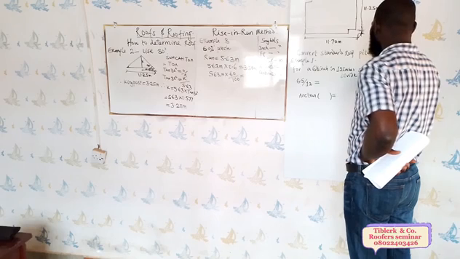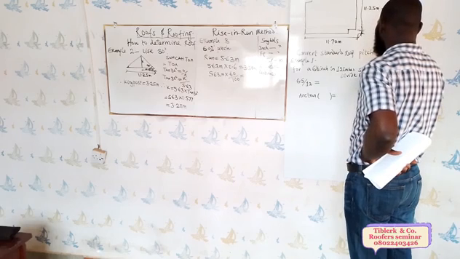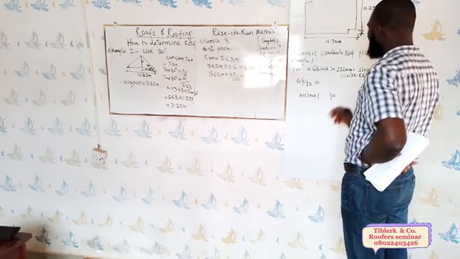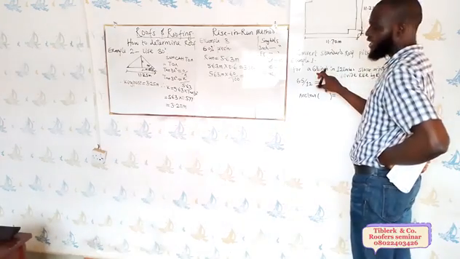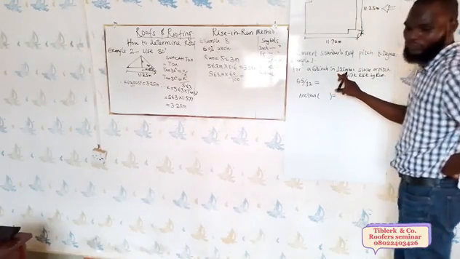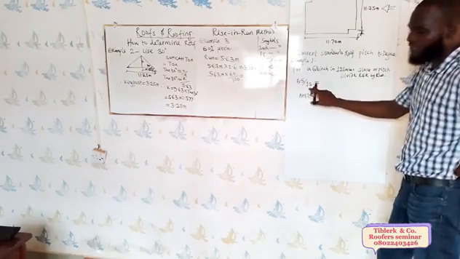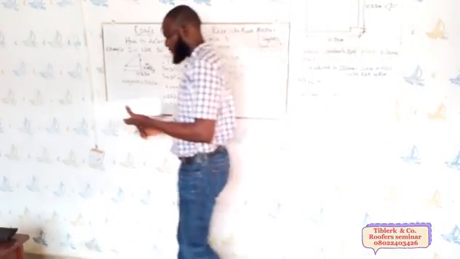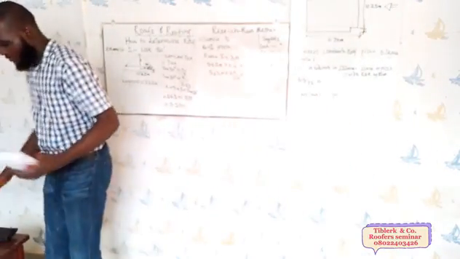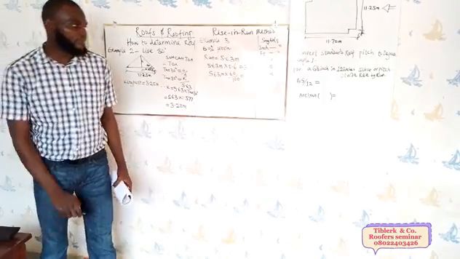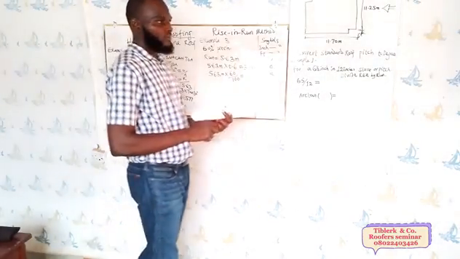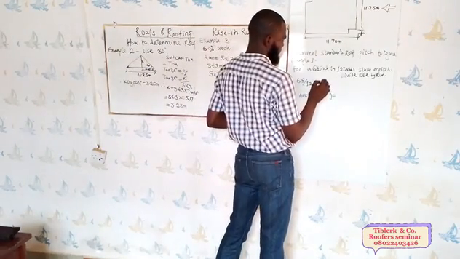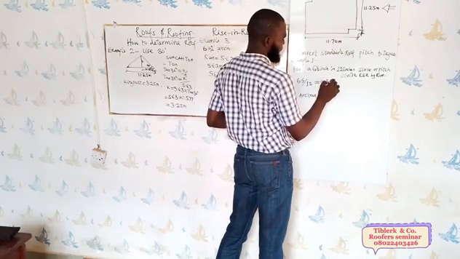We know our rise is 6.5 and our run is 12 inches. So 6.5 divided by 12 gives us what? 0.54.